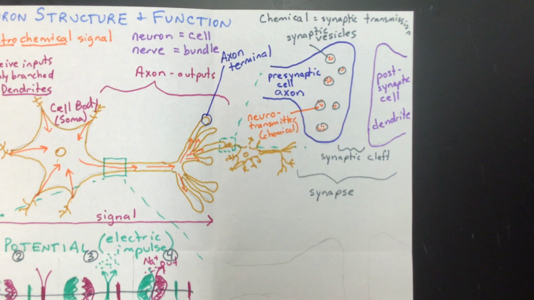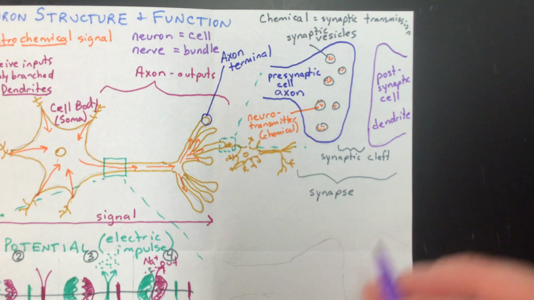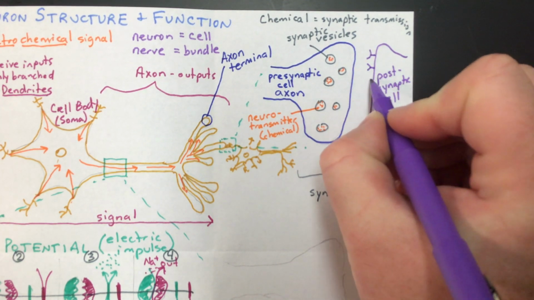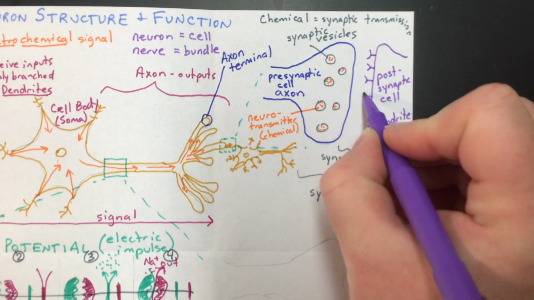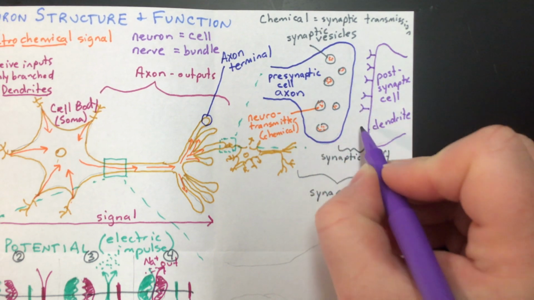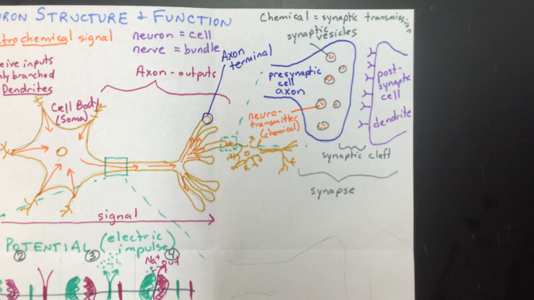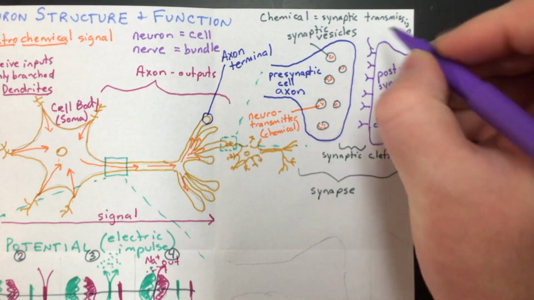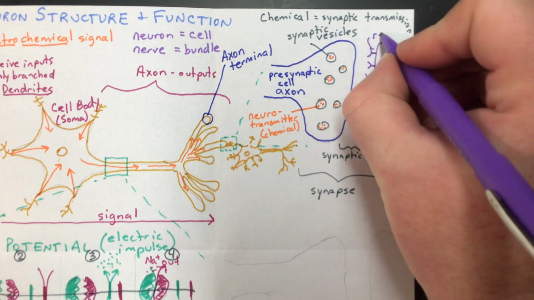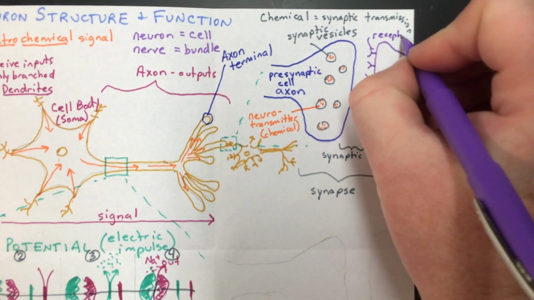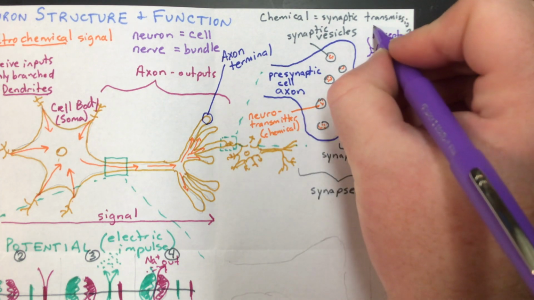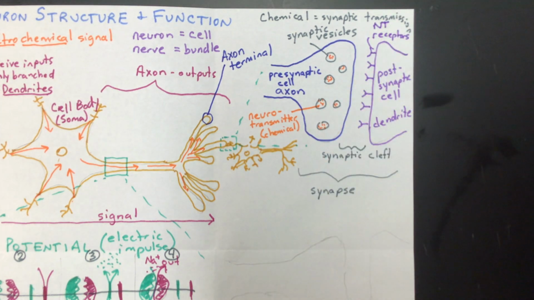Now, one cool thing about the dendrite on the postsynaptic cell is that there are receptors on there. And these receptors help the dendrite receive the signal. So let's label it right up here. These are receptors, and they're specific for neurotransmitters. So I'm just going to put NT for neurotransmitters.